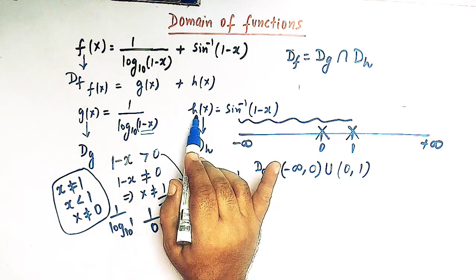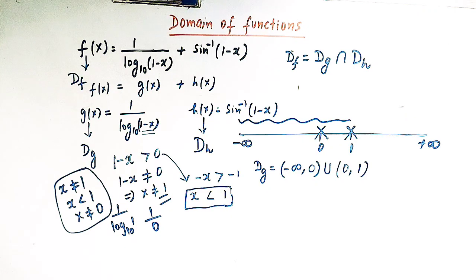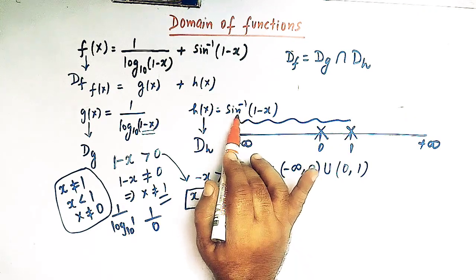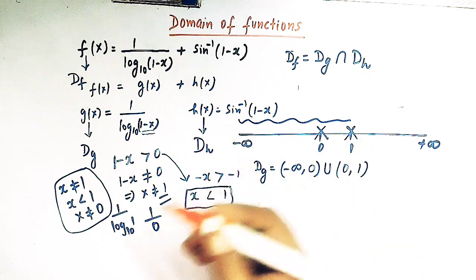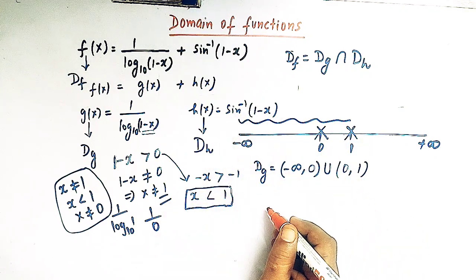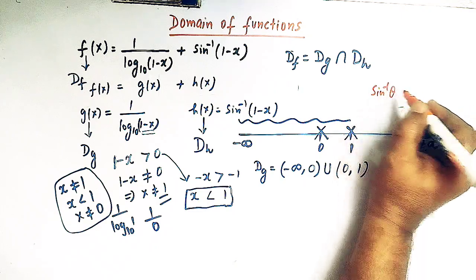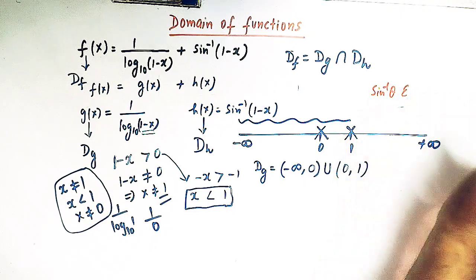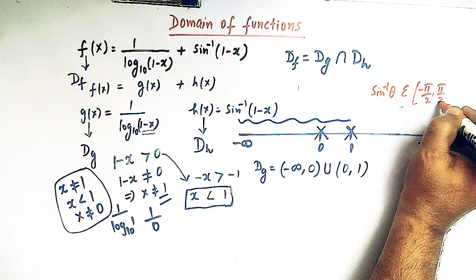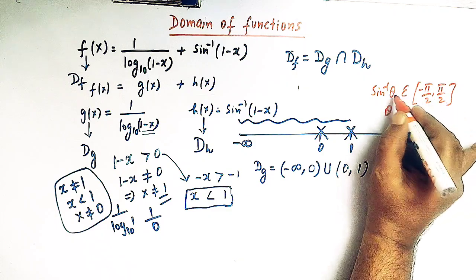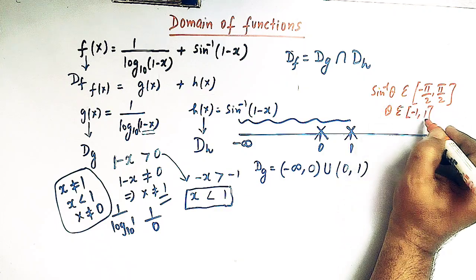Now let us find the domain of h of x. So here we have the inverse sine function, and we know from the theory of inverse trigonometric functions that sine inverse theta has the principal branch from minus pi by 2 to pi by 2, provided this theta belongs to the interval minus 1 to 1.